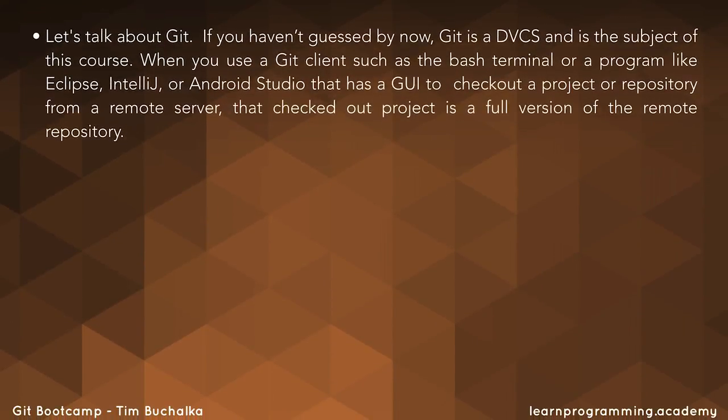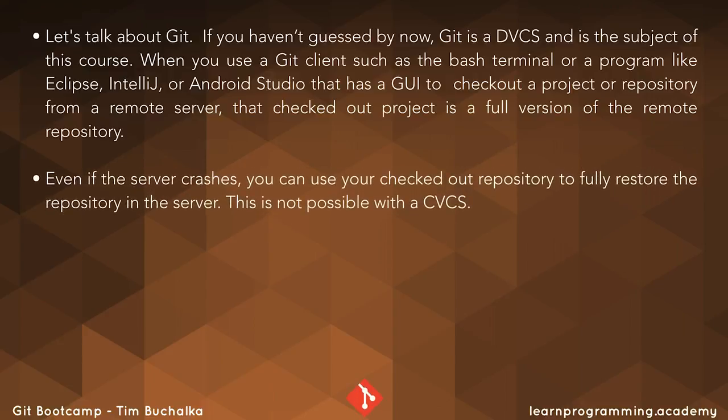Right, so let's talk a little bit about Git. And if you haven't guessed it by now, Git is a distributed version control system and of course is the subject of this course. So when you use a Git client, such as the Bash terminal, which you'll be using through this course, or a program like Eclipse, IntelliJ or Android Studio, that again we'll go through in this course, that sort of software that's got a graphical user interface to check out a project or check out a repository from a remote server, then that checked out project is a full version of the remote repository.